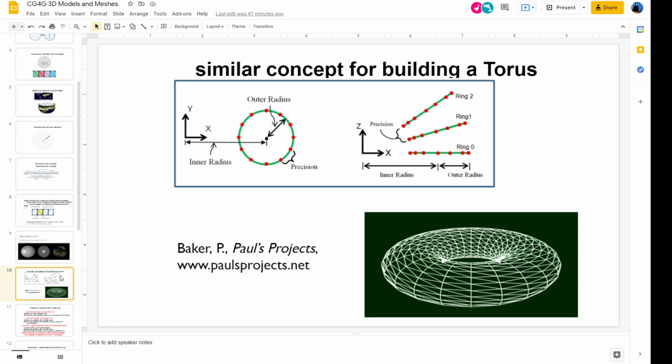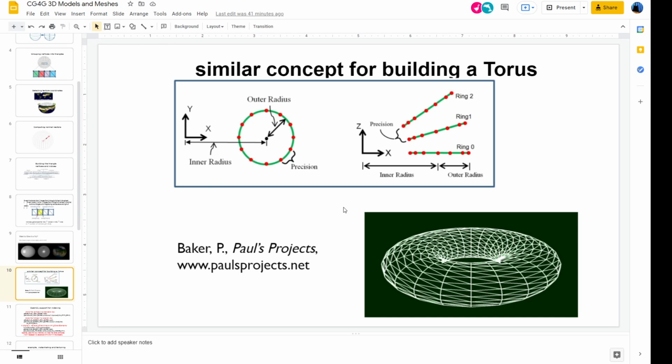You offset the ring that you create, and then you rotate it around the origin. So imagine, here's 0, you have an inner radius, then you create the circle, and then you sweep it around according to the number of segments that you want.